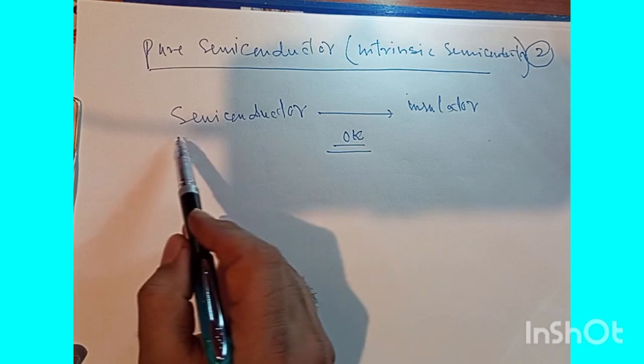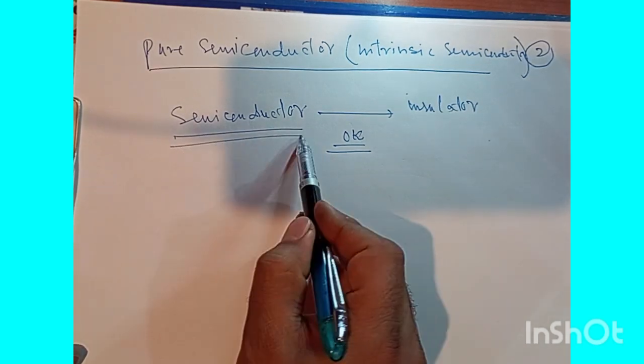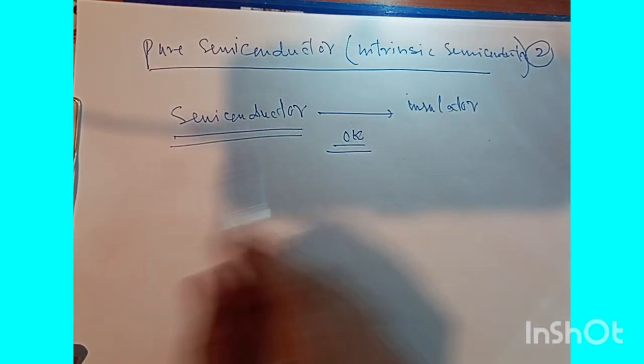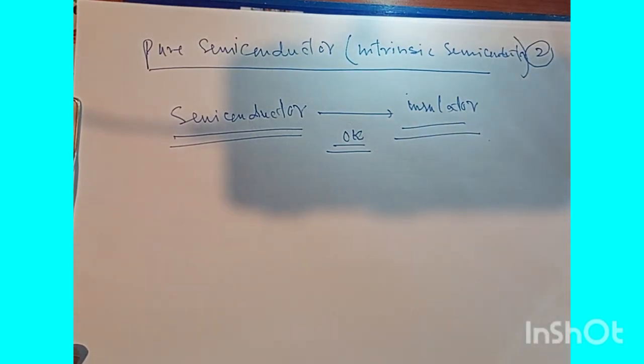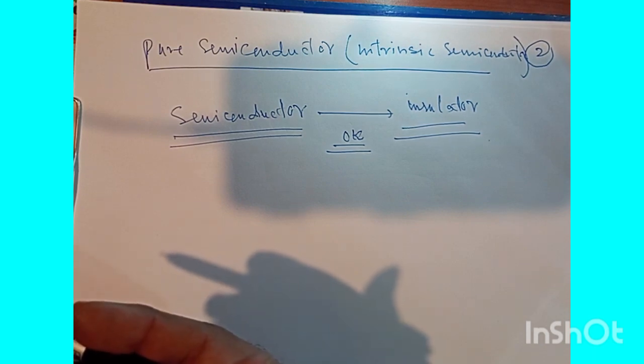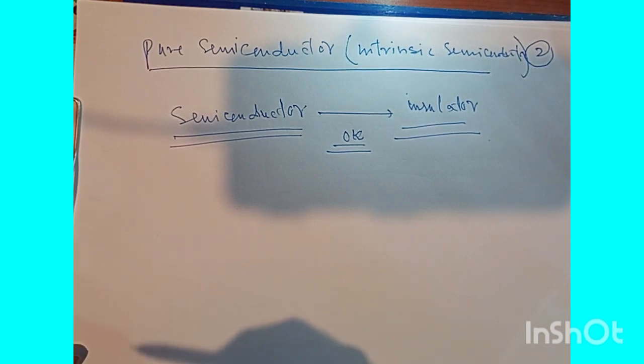So the same material which behaves as a semiconductor behaves as an insulator at absolute zero. This is an important characteristic, and here we can understand that there is a relative nature in defining these materials, which we call semiconductors.